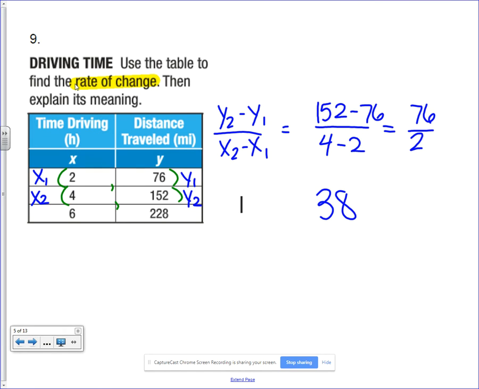What are the units on your y's? Because remember, the y's are on top. Miles per, what units are on your x's, which are on bottom? Hours. So what does this mean? Yeah, you're not getting anywhere fast, are you? Not really. 38 miles an hour.